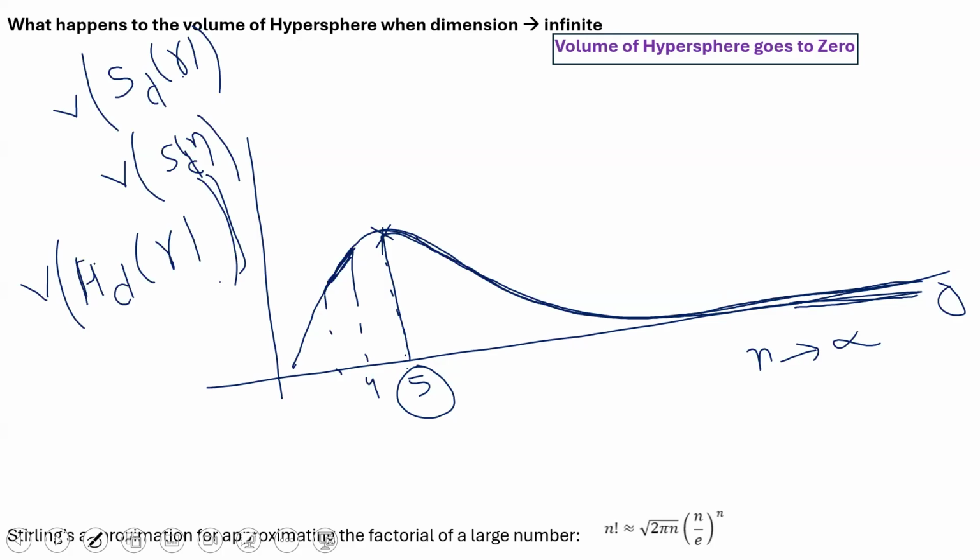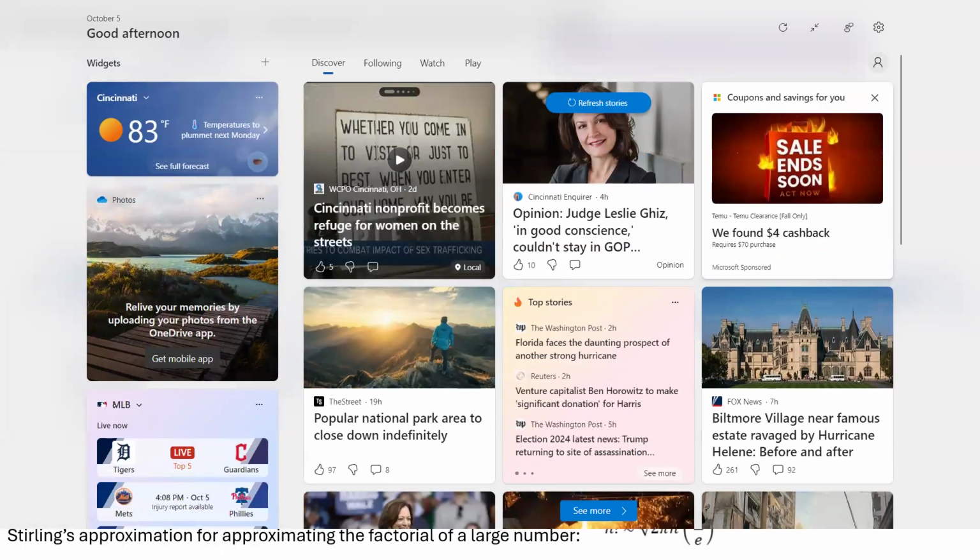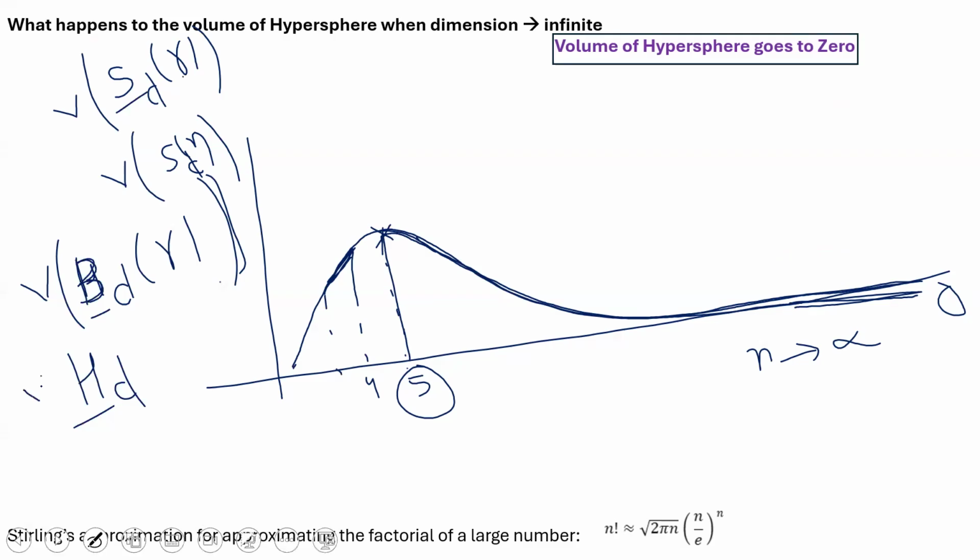The hypercube is represented by h of dimension d, of higher dimensions. It won't have a radius. The hyperball is represented by b. The sphere is represented by h. The hypercube is represented by ht. Okay, volume of ht. So these are the representations of all three.